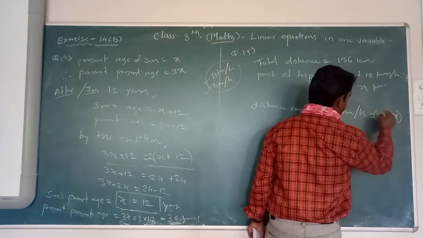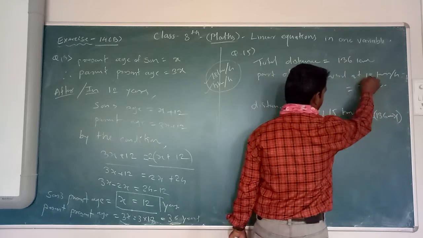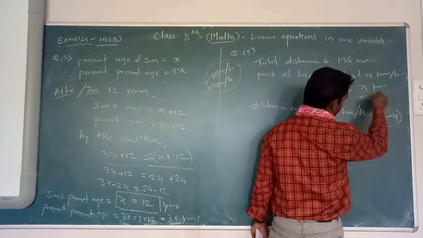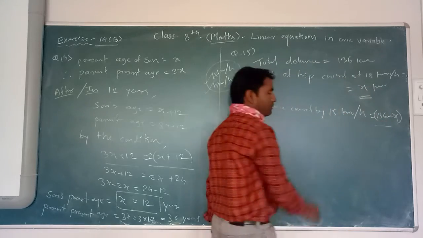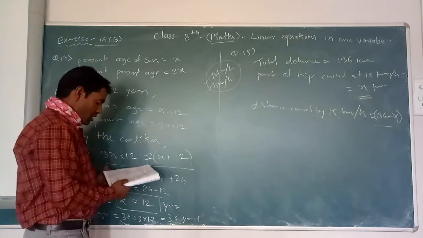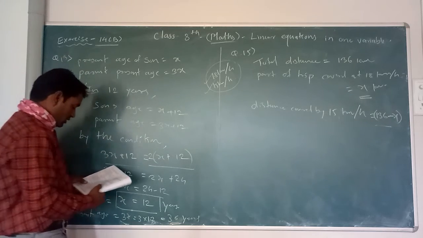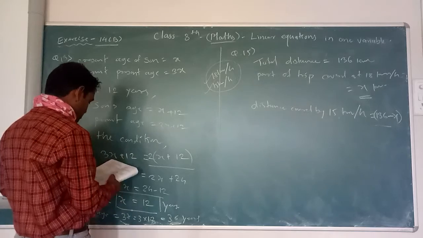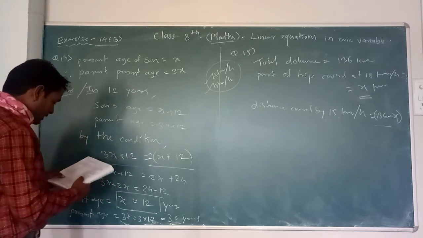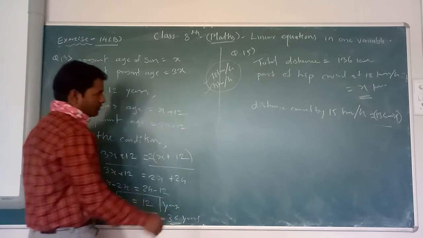This distance is covered by 18 km per hour and this distance by 15 km per hour. Now after that we will make the equation. So time taken by man to cover the x kilometer.